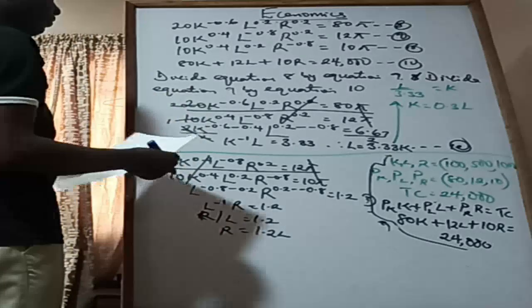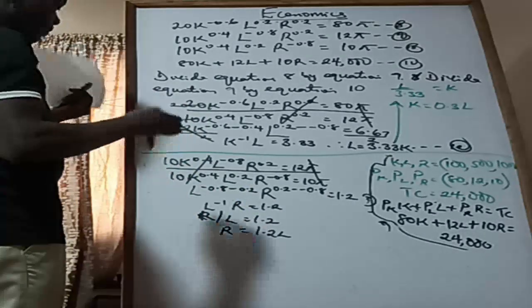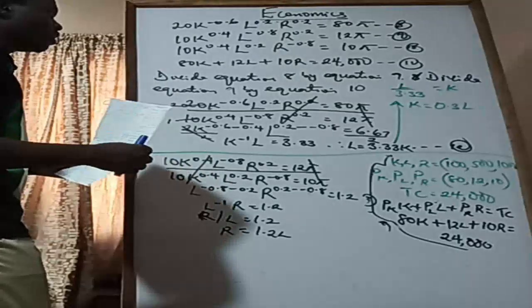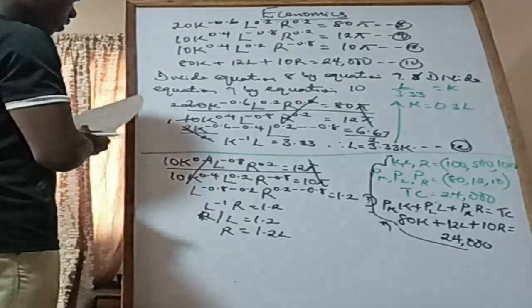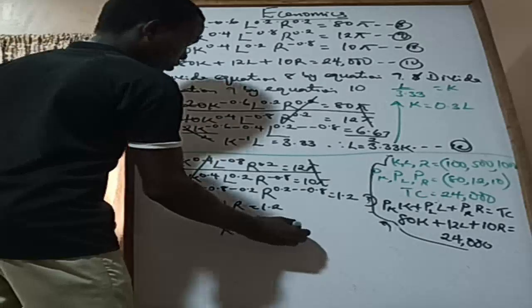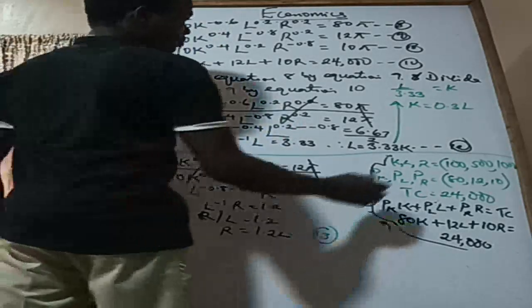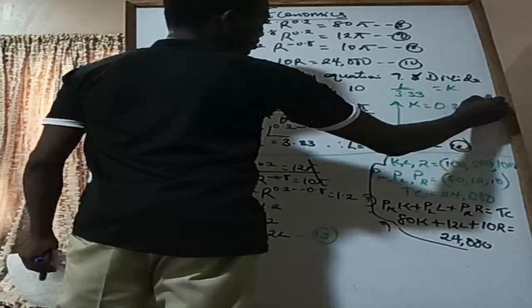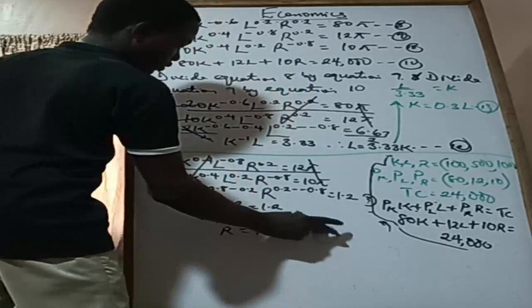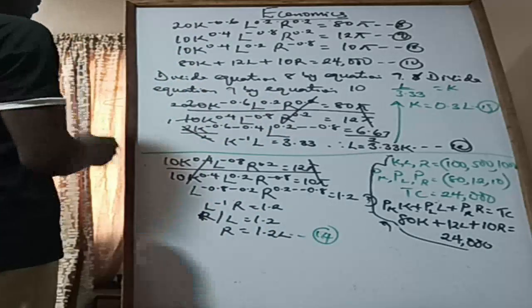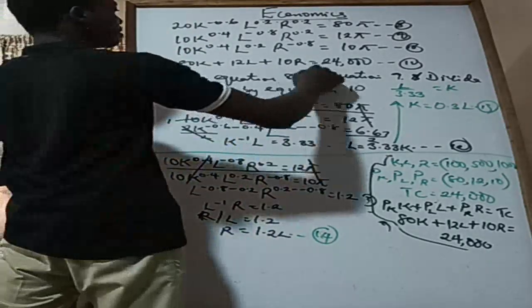So with that, K has been expressed in terms of L, and R has also been expressed in terms of L. So I can just substitute. Let me call this equation 13, and this equation 14. So what I just have to do is substitute equation 13 and 14 in this final one here.